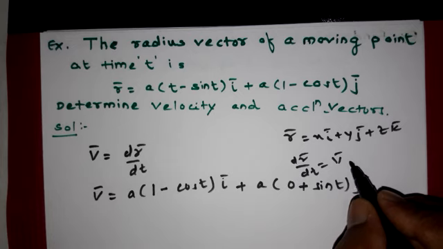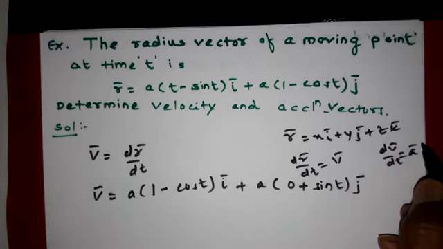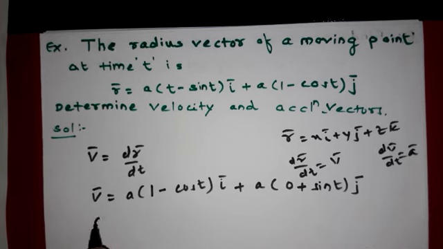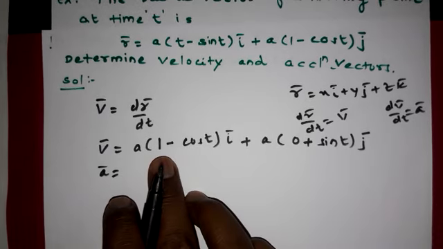Now acceleration, dv bar by dt, is nothing but a bar. The value of acceleration is dv bar by dt. So acceleration is equal to, we just have to differentiate this v bar.